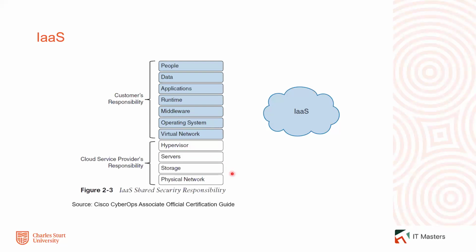Now, of course, you can run a model like this, or all of these layers here, privately if you want on your own chassis-based or large-scale system. And that would be a completely private cloud, not provided by a cloud service provider, but you could still provide the same sort of services to remote users.